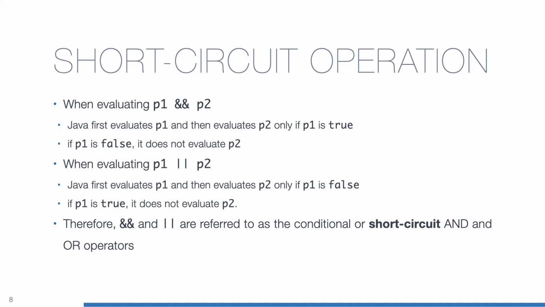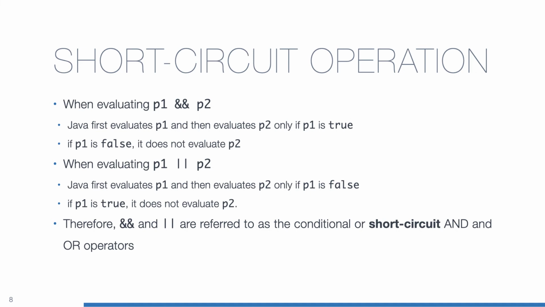For the OR statement, remember that it's going to be true when either left or right is true. So if we evaluate P1 and it results in true, we don't need to evaluate P2, because if it were false, the statement would still be true because the left side was true. And if it was true, it would also be true. As long as the left side is true, we don't evaluate P2.